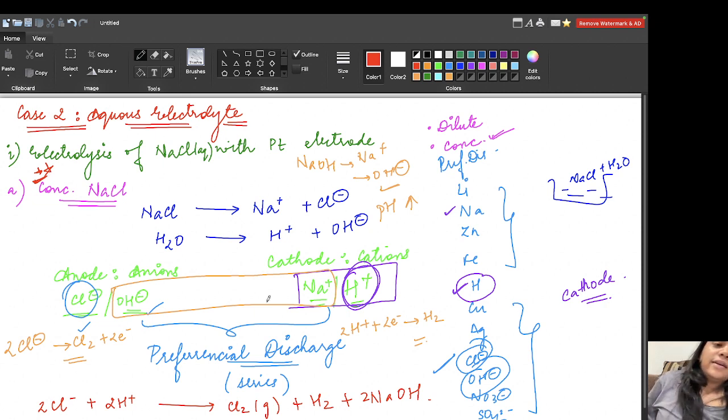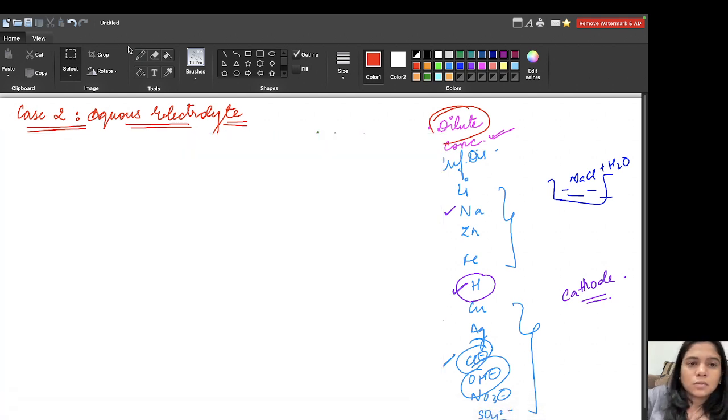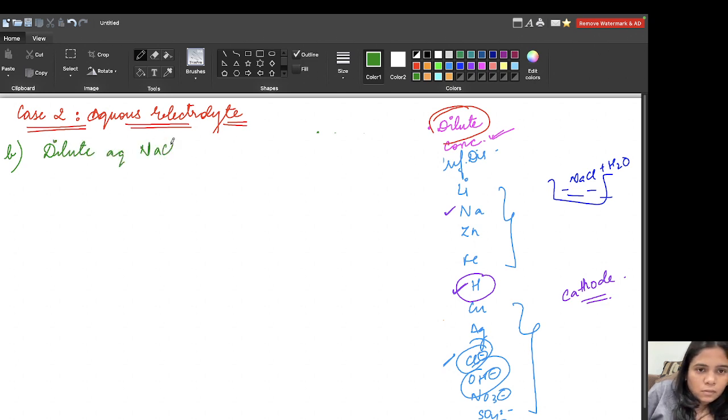Okay, next type we'll see. It's an aqueous electrolyte only, but this time we'll take a dilute electrolyte. The B part will take dilute aqueous NaCl with your platinum electrode.